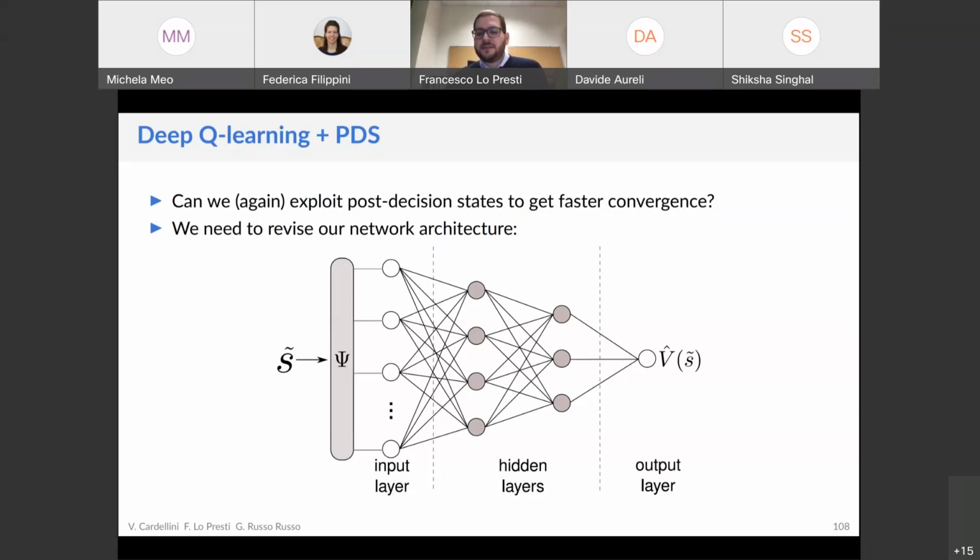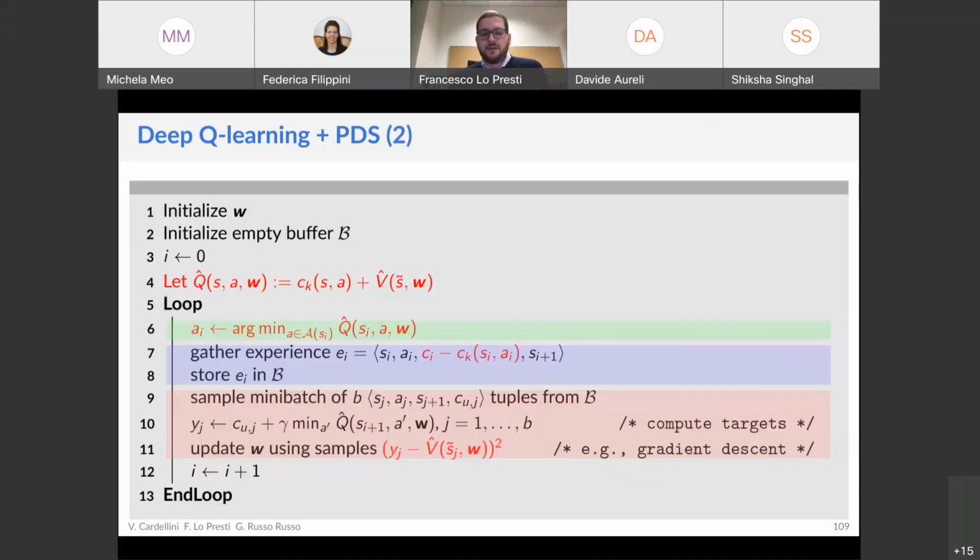The main difference regards the output of the network, which now comprises a single element. That's the estimated PDS value function. Then defining the extended version of the algorithm is straightforward, because we just need to modify a few lines in the algorithm.